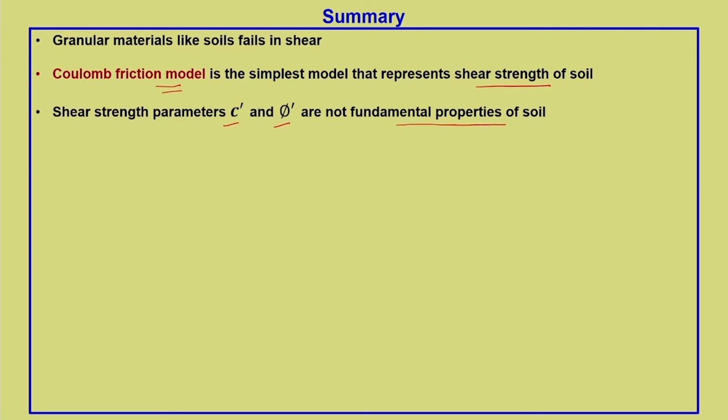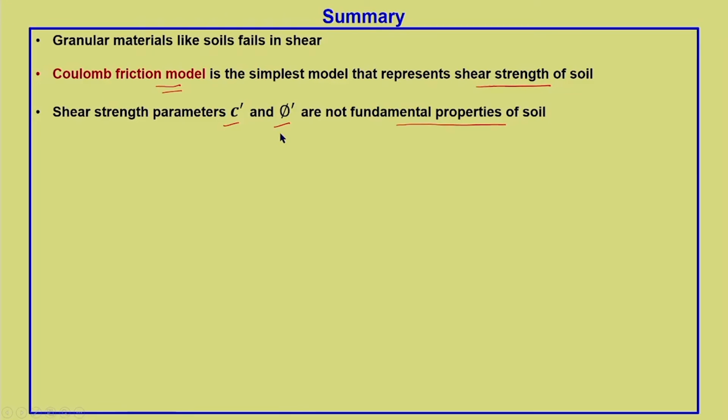Now, when I say this, there will be some for whom this is difficult to understand. Why is it not a fundamental property? Because it is governed by the condition under which C dash and phi dash have been obtained.